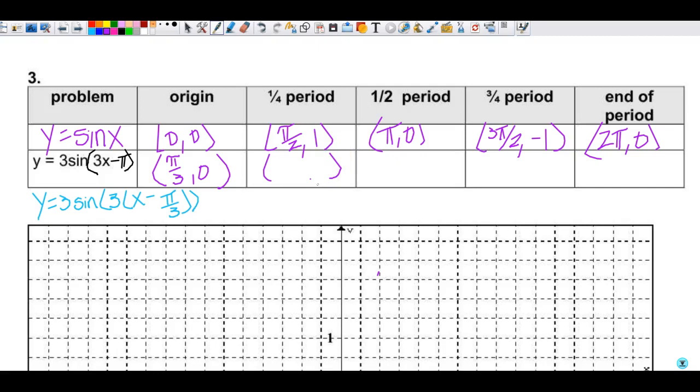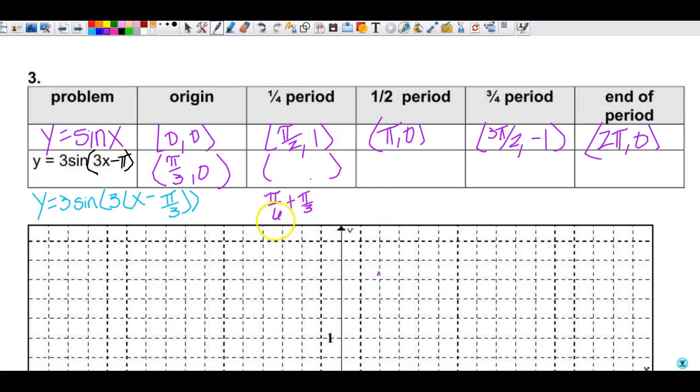Okay, so then we move on to pi halves. So I'm going to take pi halves. I'm going to divide it by 3, which is the same as multiplying by 1/3. So that gives me pi sixths. Then I need to take pi sixths, and I need to add pi thirds to it. Okay, so when I do that, I need a common denominator.